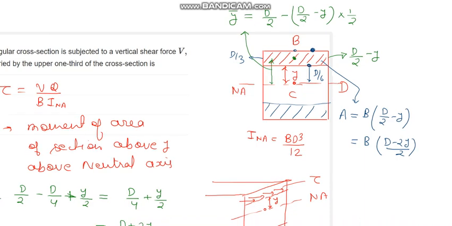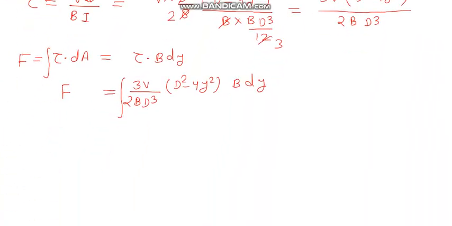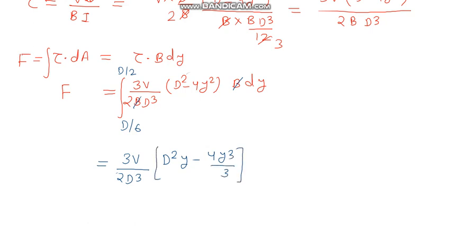So the limit of integration is from D by 6 to D by 2. We integrate 3V by 2D cube, D square y minus 4y cube by 3, taking limits from D by 6 to D by 2.